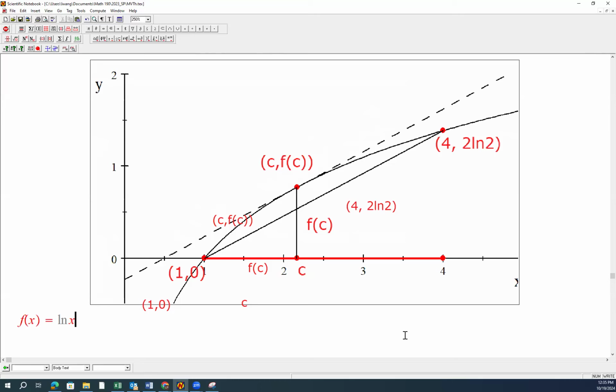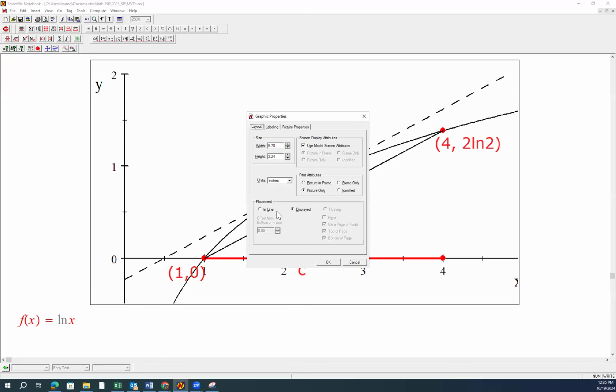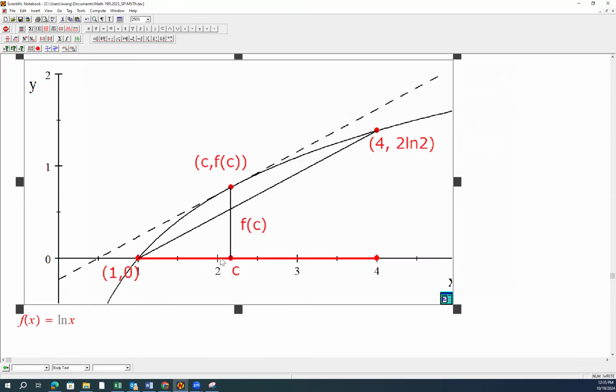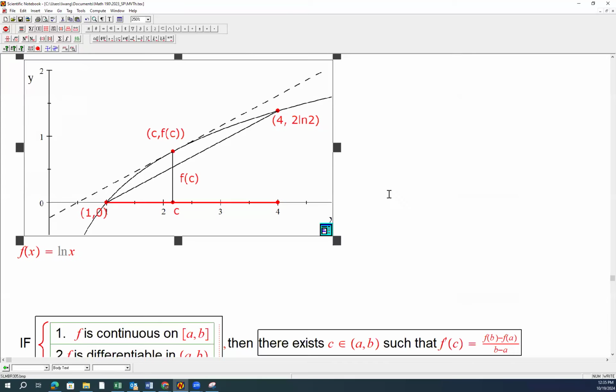This is going to be gone, and I'm going to tidy it up. And here we go. So this is the illustration of this mean value theorem application here, for our particular function, which is ln x.